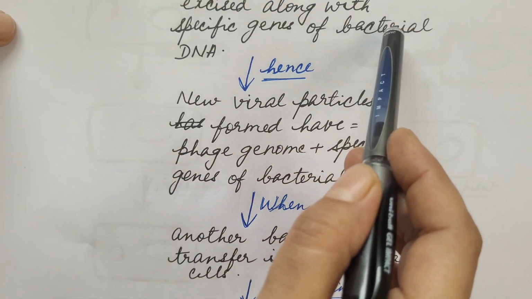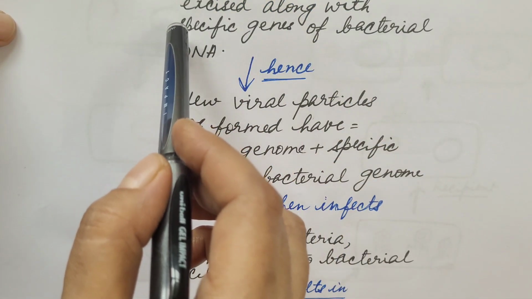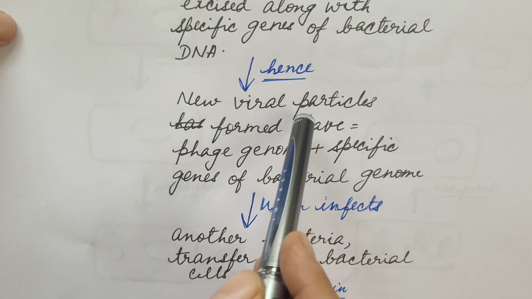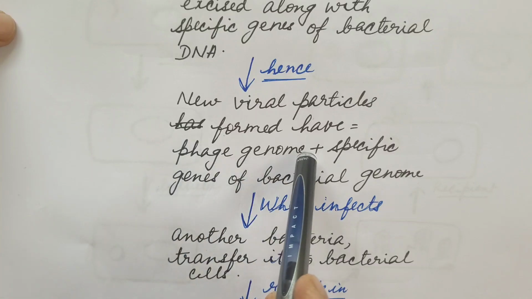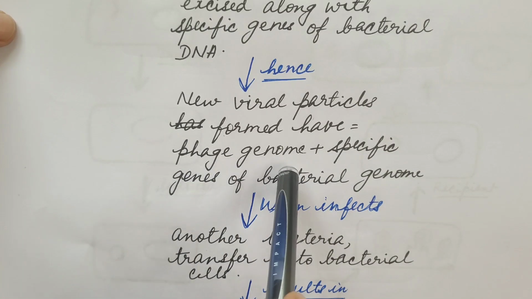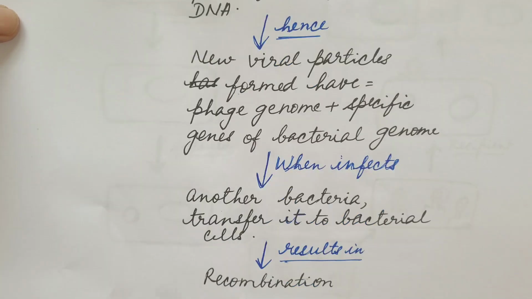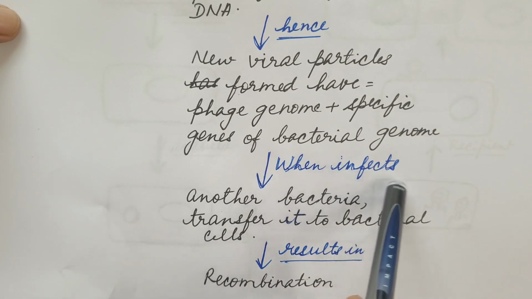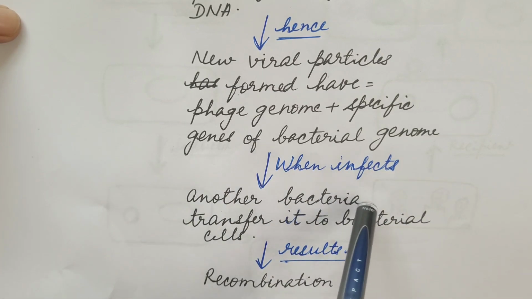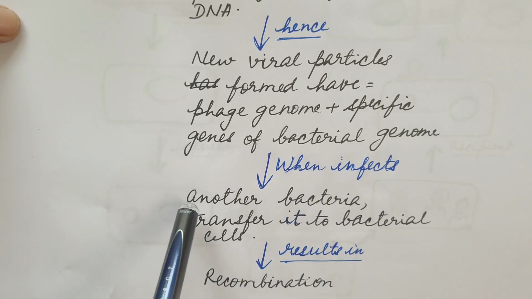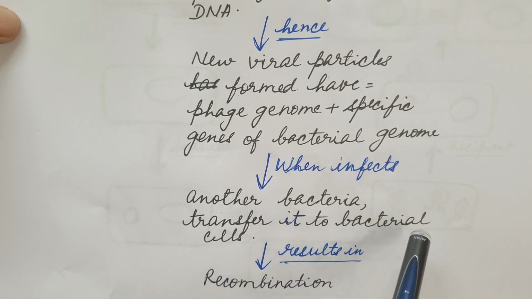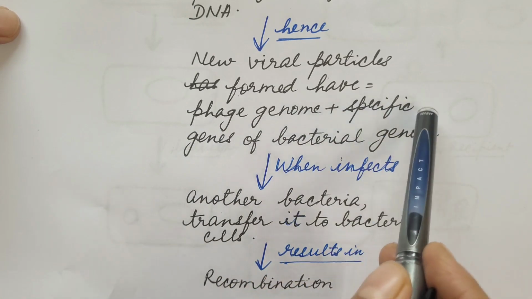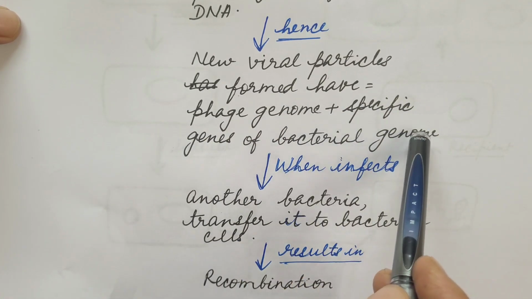It then uses the host machinery to reproduce. Hence, new viral particles are formed, and these new viral particles have the phage genome plus specific genes of the donor bacteria. Now these viral particles are released, and when any virus infects another bacterium, known as the recipient bacteria, it transfers its genome, which includes both the phage genome plus the specific genes of the donor bacterial genome.